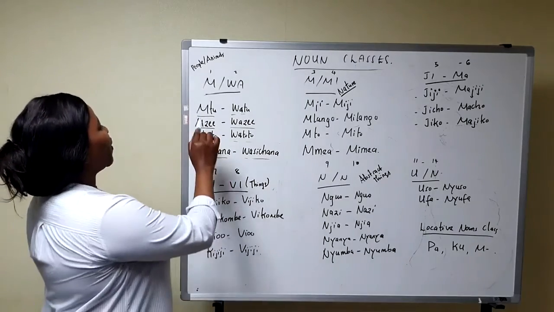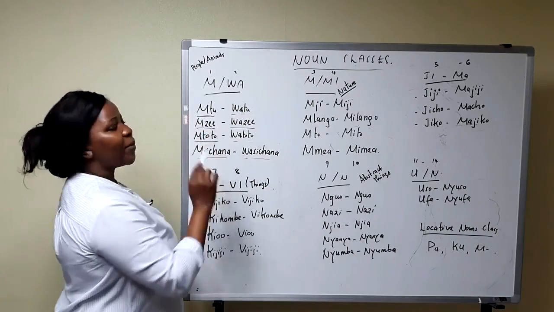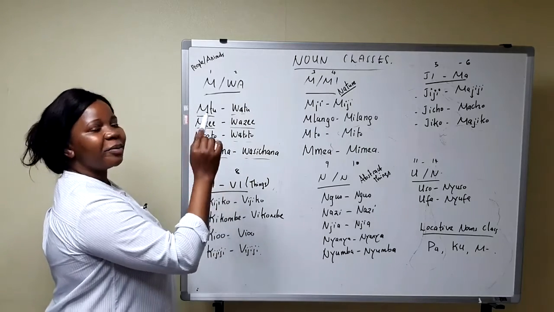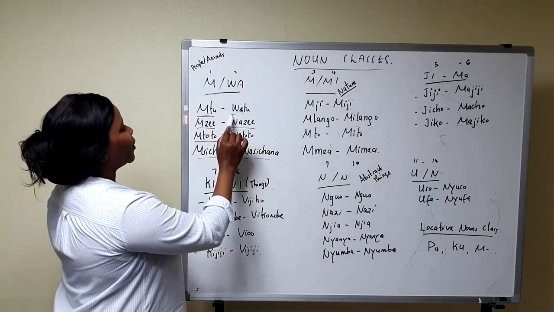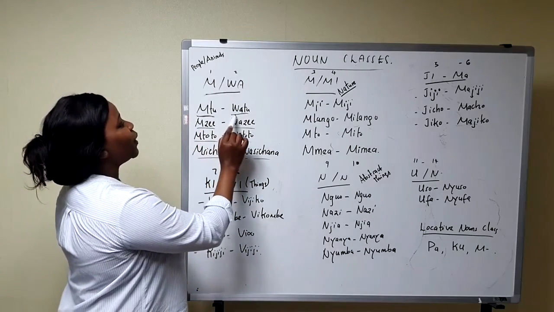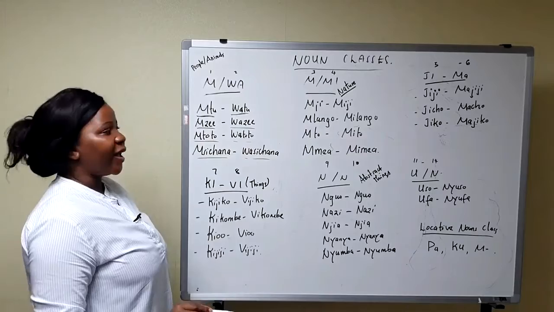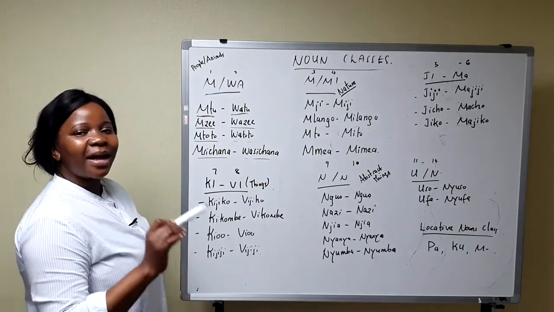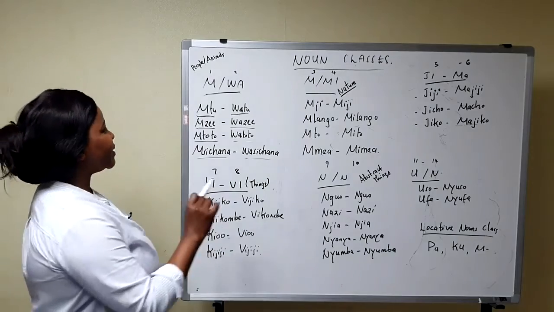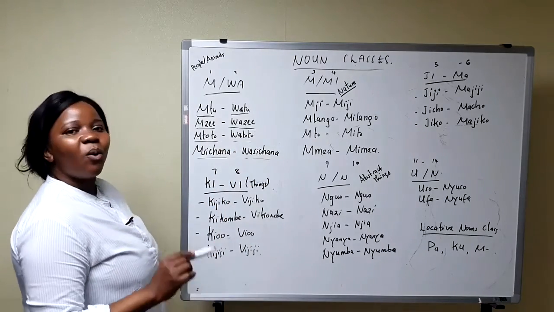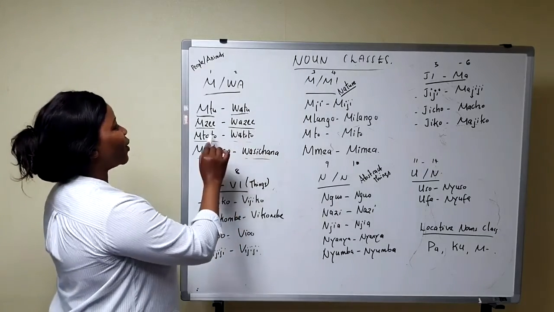Okay, so mtu is a person in singular, mtu, and in plural, watu. Mtu, watu. Okay, mzee. This means an old person. Mzee. Wazee. Wazee in plural.